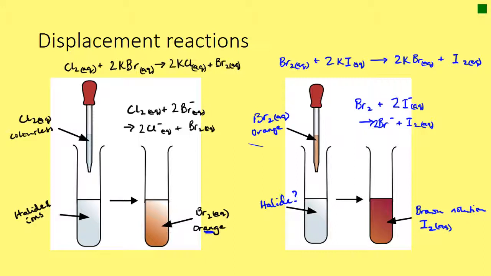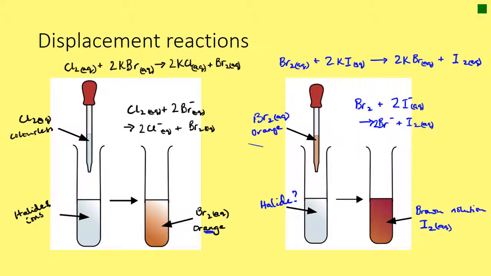Okay, so we've already got the main equation. Let's draw the ionic equation. In the dropper, we started off with bromine, and we added that to iodide ions, and we need two of them.